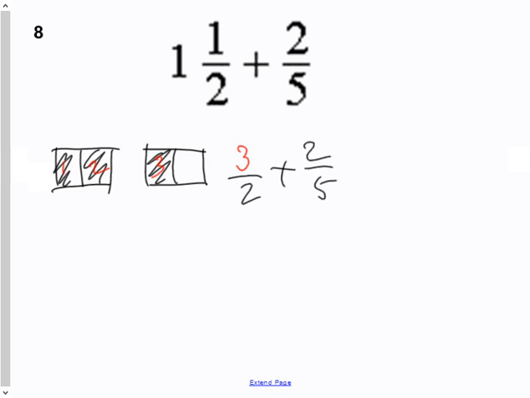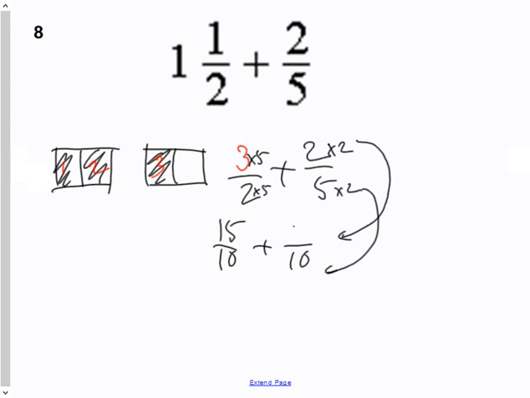So once we have that written down, we need our common denominator. We already figured it out in the last part. 10 was going to be the common denominator. I multiplied this by 5 to get 10, so I multiply this by 5 to get 15. So 3/2 is equivalent to 15/10. And if I think about this, 5 times 2 is 10, and 2 times 2 is 4.